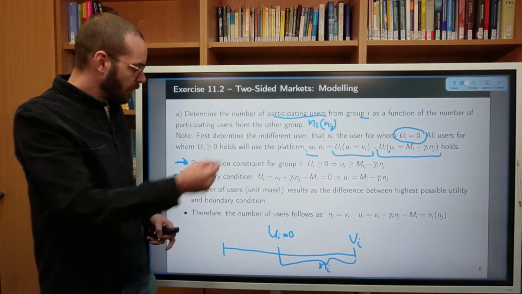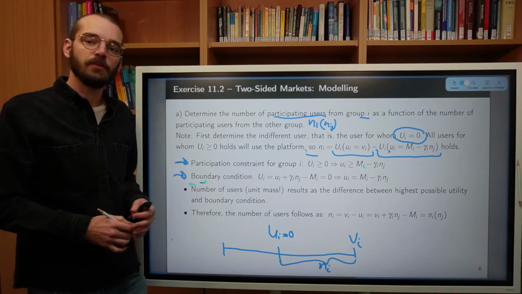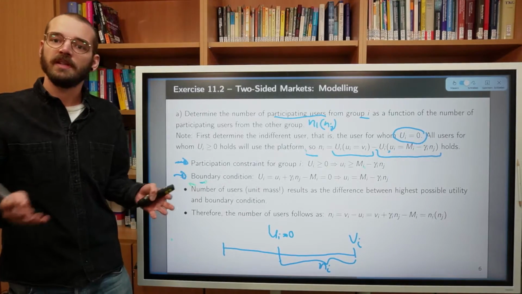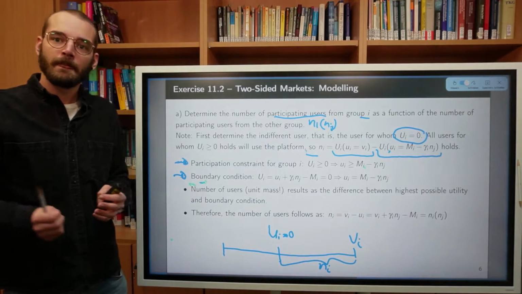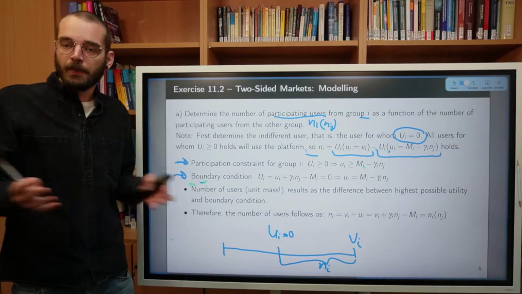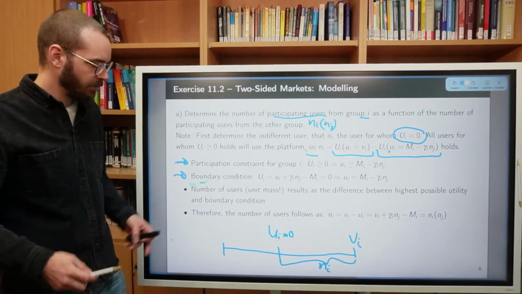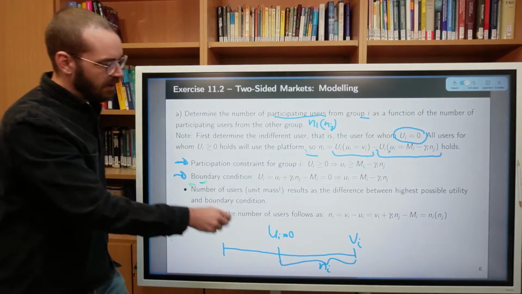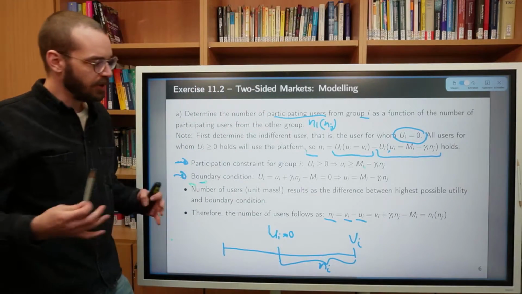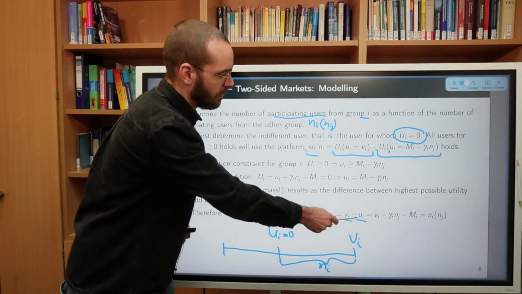And then from the fact that there is a unit mass of members of each group, we can use this difference between the largest possible intrinsic utility and the intrinsic utility of the indifferent user in order to find the proportion of users that is actually participating in the platform. So from this it follows that the number of users ni equals vi minus lower ui, where we can substitute for lower ui the expression from the utility function.